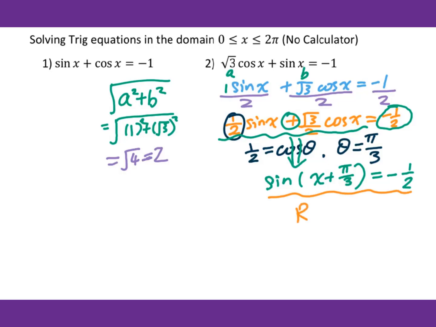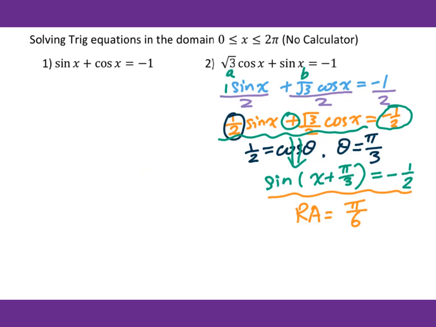Go to the reference angle. You will get pi over 6. Since the sine function is negative 1/2, which means they go to the third and fourth quadrant. Angle will be 7 pi over 6 and 11 pi over 6.